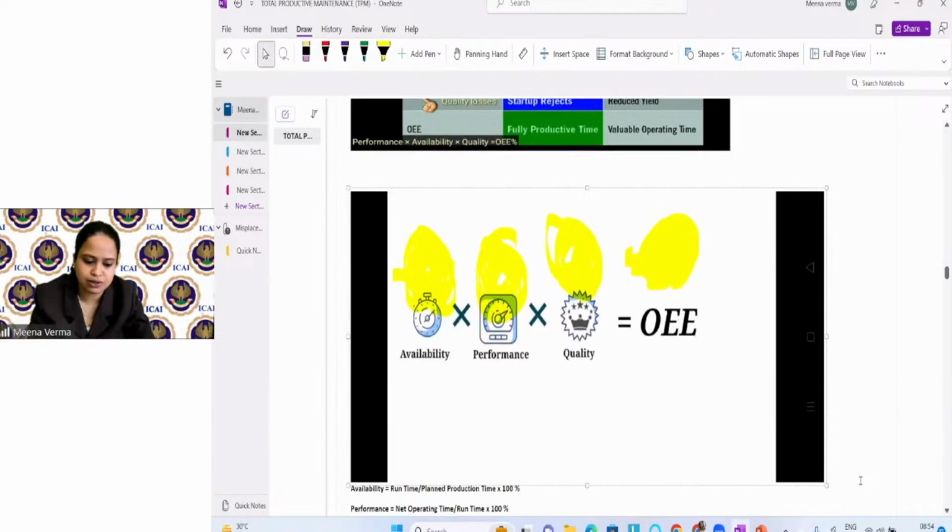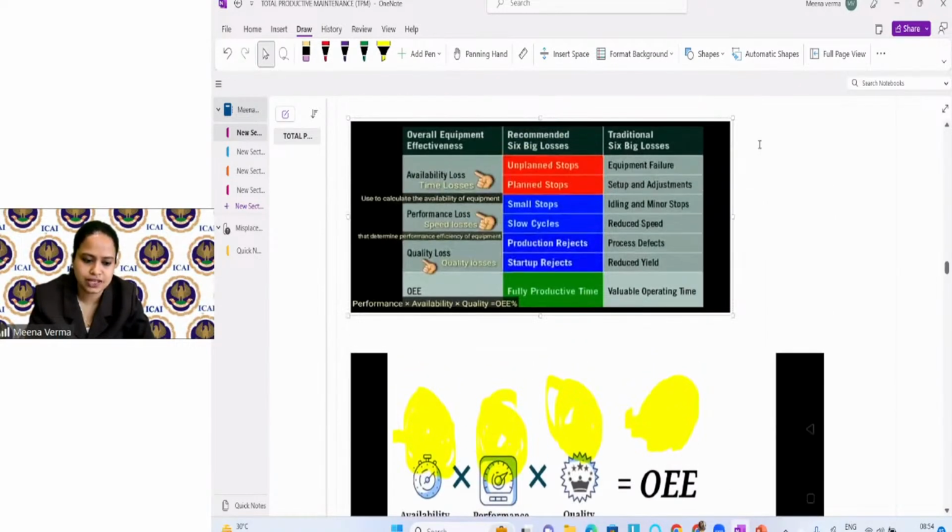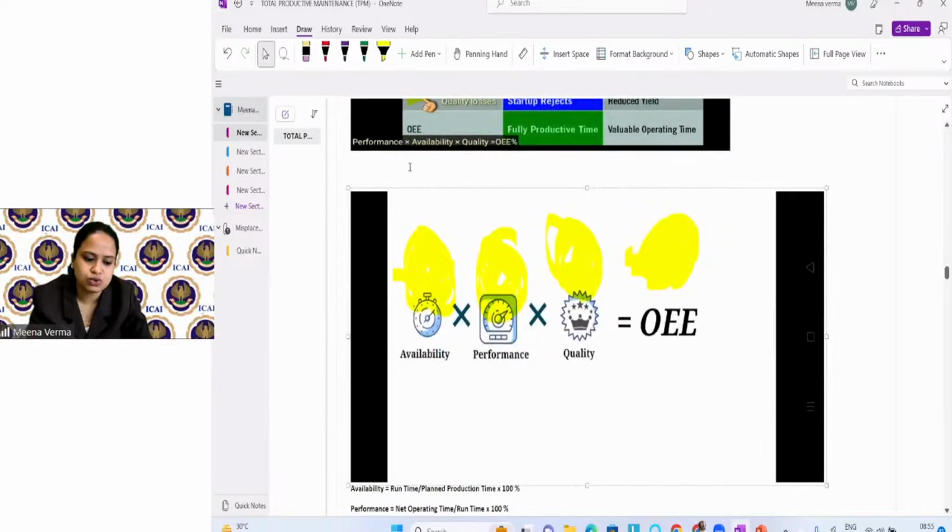Availability, performance, and quality: these three words, we are relating the losses to them. So we have this formula and we have to use it for solving the questions.